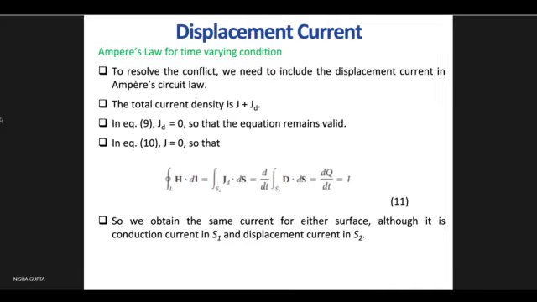So there we don't have to consider JD. It is only the conduction current. But if I increase the frequency of that source, maybe to 1 gigahertz, then I also need to consider the term JD. So at high frequency, JC and JD both are comparable.